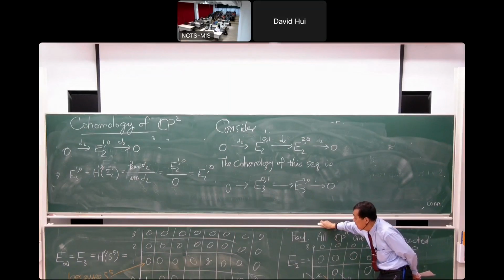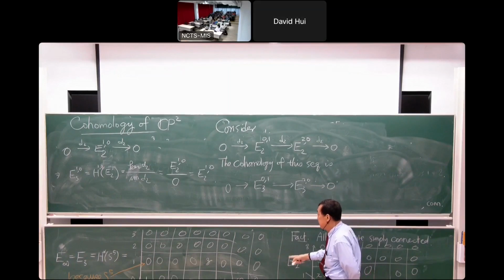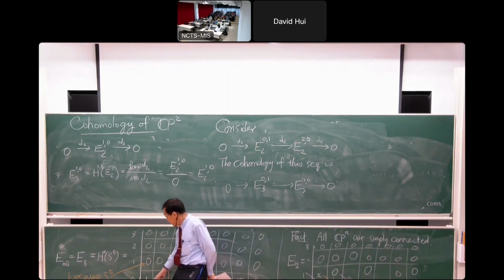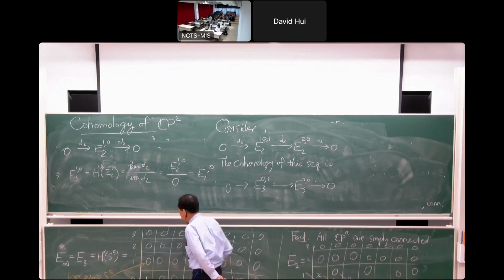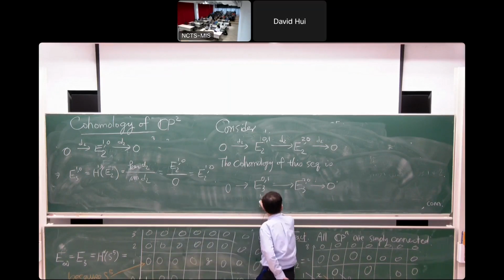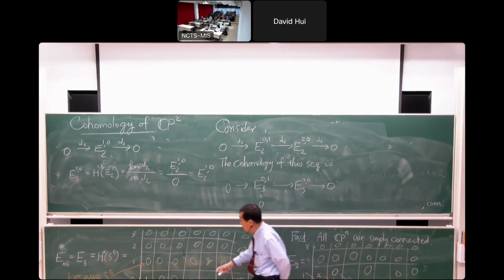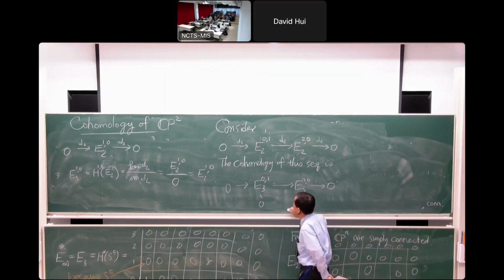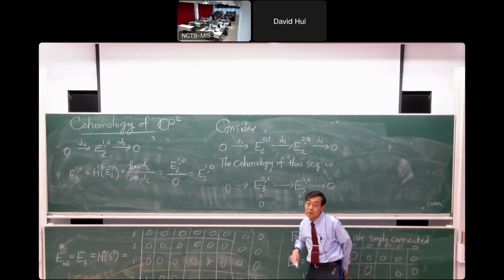But E3 is right there. What is E3 of 0, 1? It's this, it's 0. And E3 of 2, 0 is this box, and that's 0. So the cohomology of this sequence is 0.